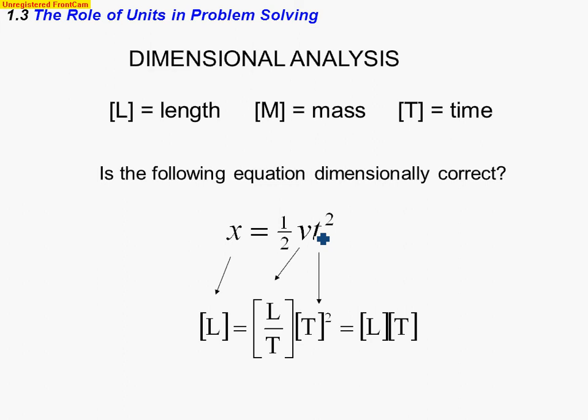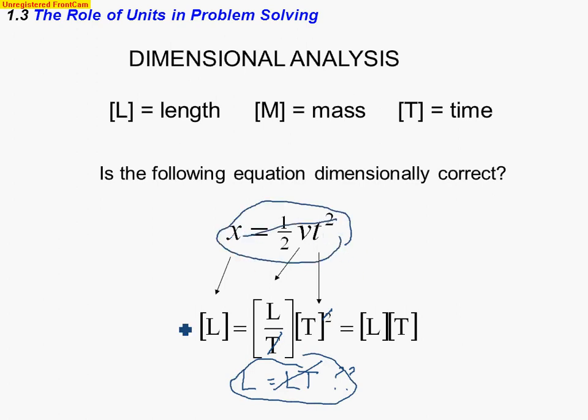And then here t stands for time. So we're going to use t, and that gets squared. So if we simplify this t squared here, one of these t's cancels out with this t on the bottom. So then we wind up with L equals L times t. So length equals a length times a time. What? That doesn't work. So that means that this equation that we started out with is invalid.